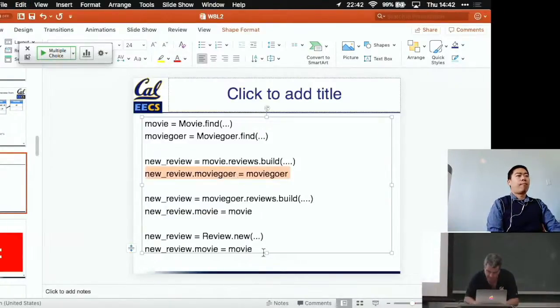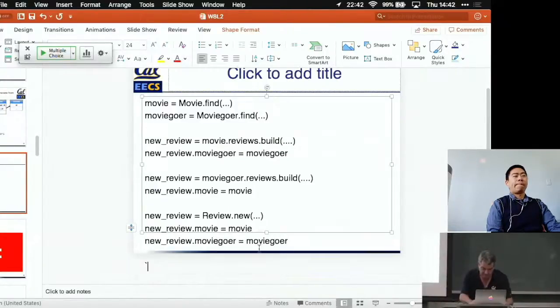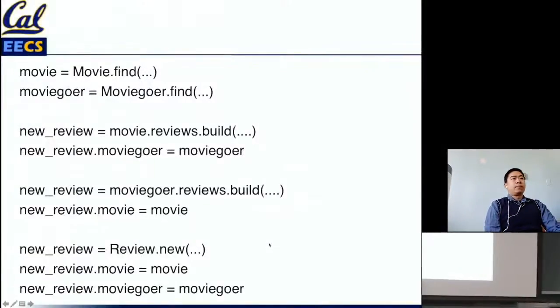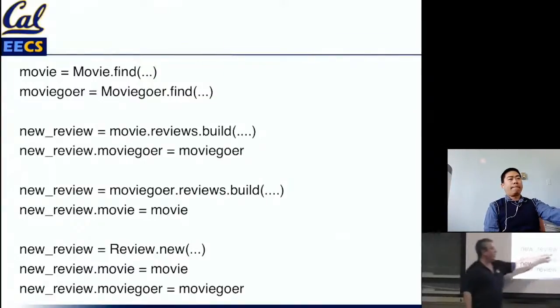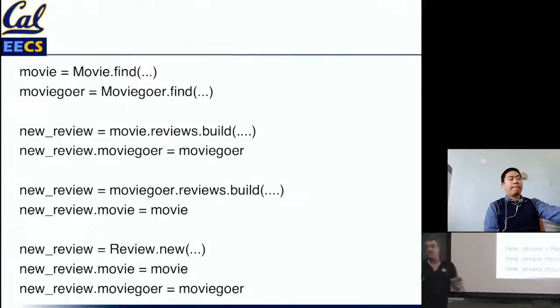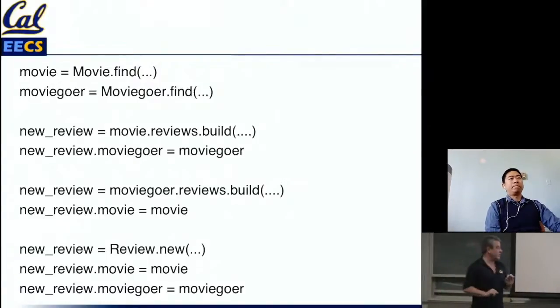OK, so I could do that too. Graceless for live coding, but okay. So I can also do it purely this way, right? I can just create a review that only has the review parameters in it, but it's not yet associated with either a movie or a moviegoer. And I can then manually grab one or the other.